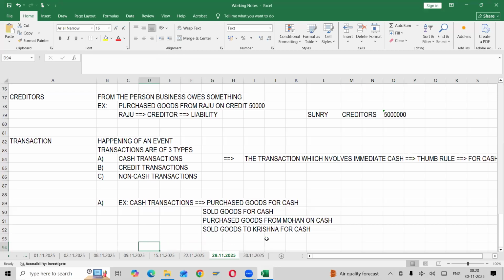So second one, the most important, credit, because majority transactions nowadays are on a credit basis, right? What do you mean by credit transaction?